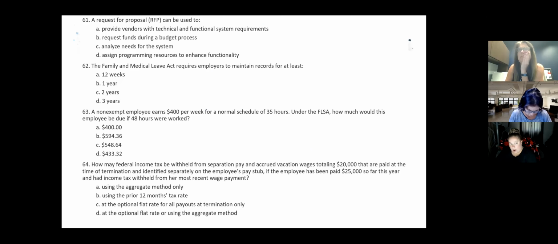All right, a request for proposal or an RFP can be used to provide vendors with technical and functional system requirements.